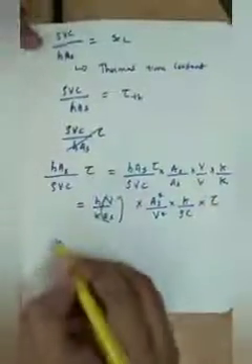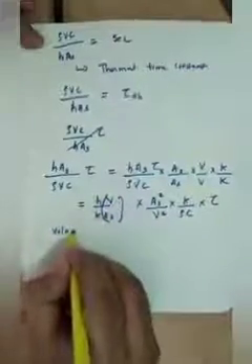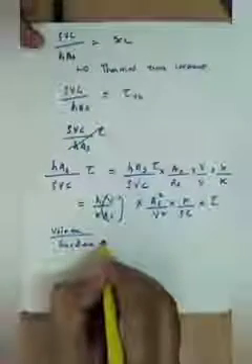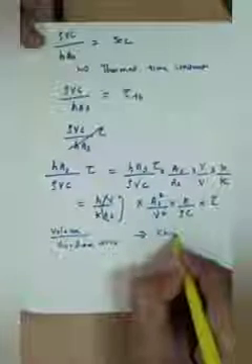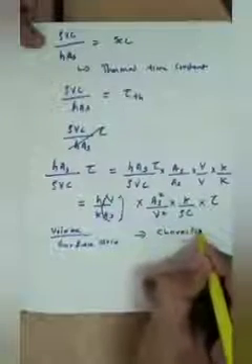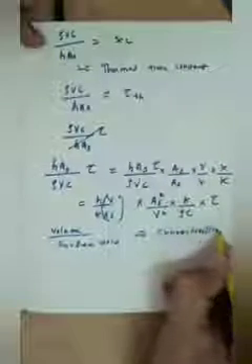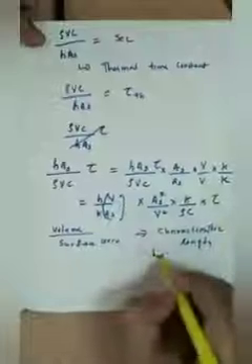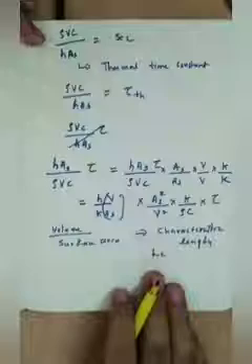The quantity volume by surface area is known as characteristic length, and it is represented by LC.